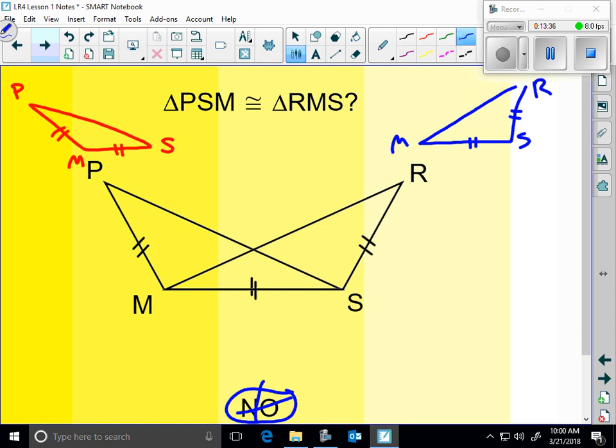What could I say about these angles here? Well, hold on. Pause. What kind of triangle is this? Isosceles. What's true about these two angles, M and R? They have to be congruent in an isosceles triangle. So the same thing has to be true over here.